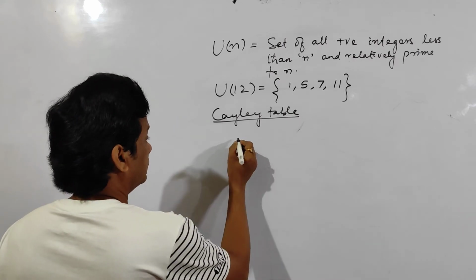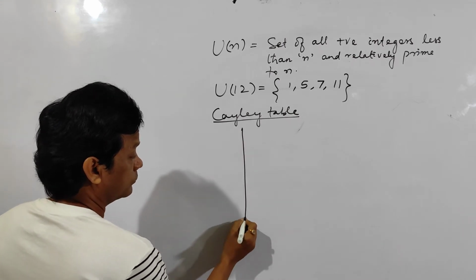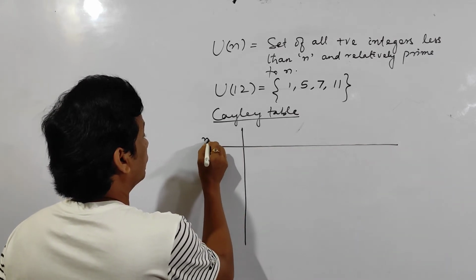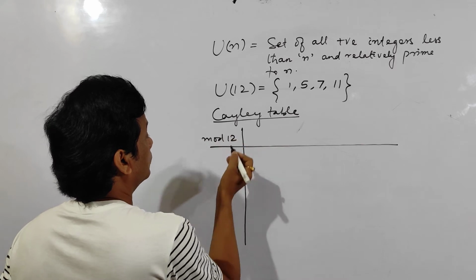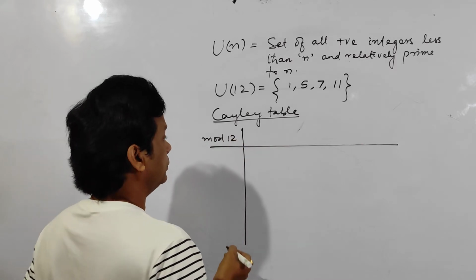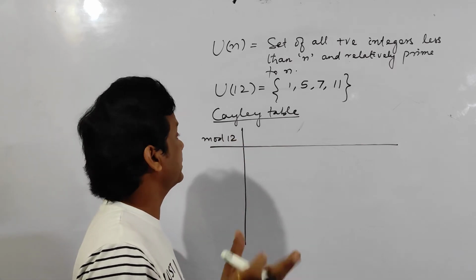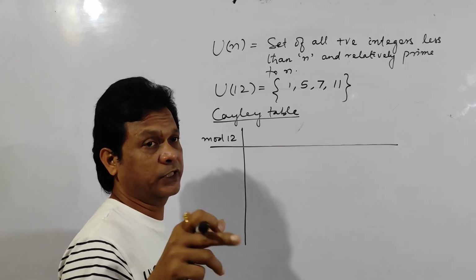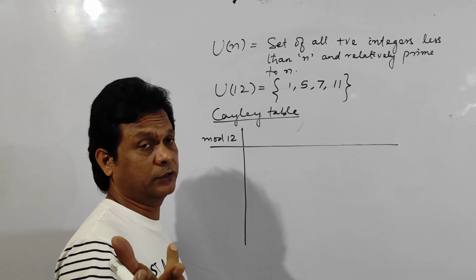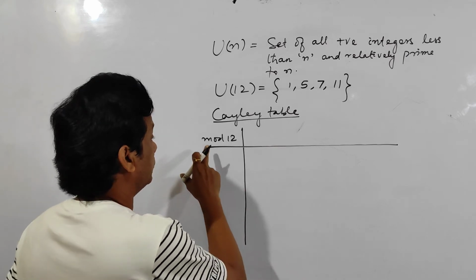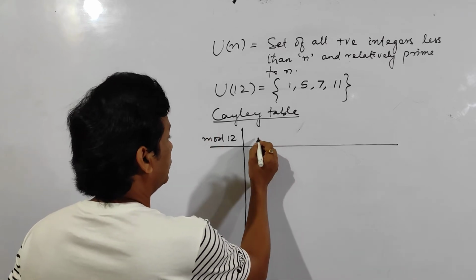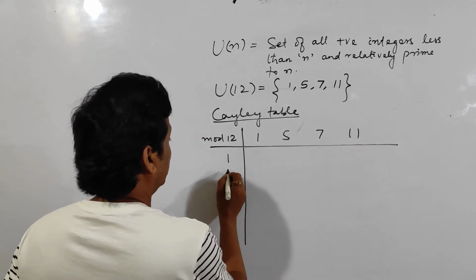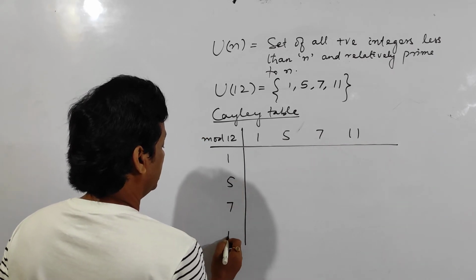So simply same procedure, modulo 12. Congruence modulo is known to you. It is the same procedure as in multiplication modulo 4, multiplication modulo 12, same procedure: 1, 5, 7, 11 along the top, and it is also 1, 5, 7, 11 along the side.